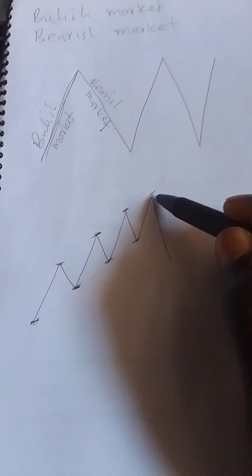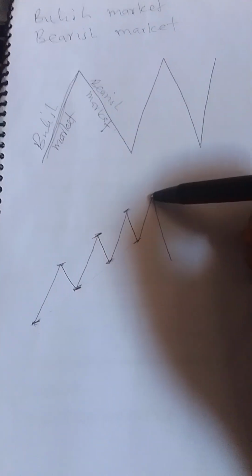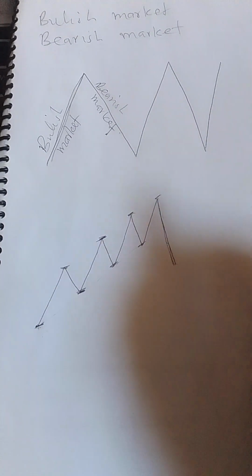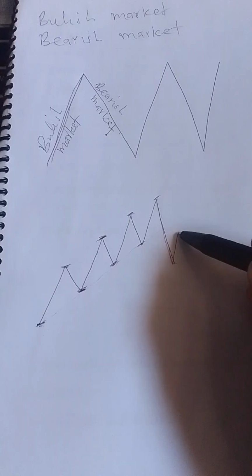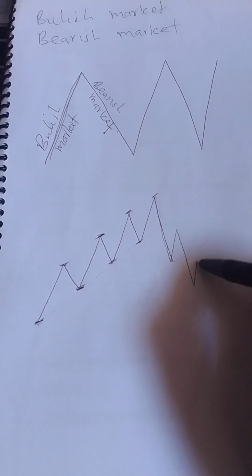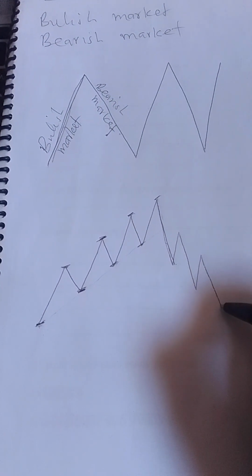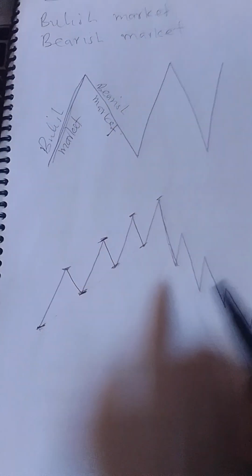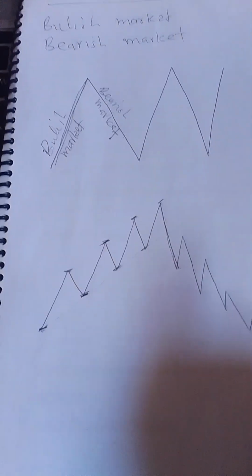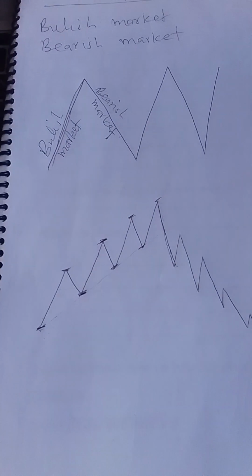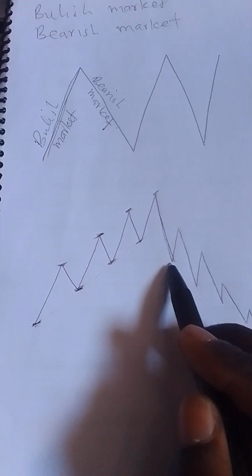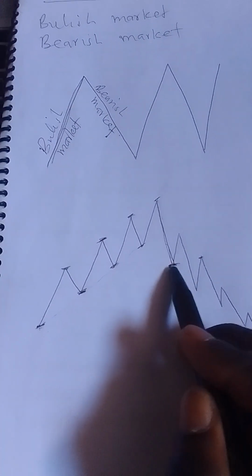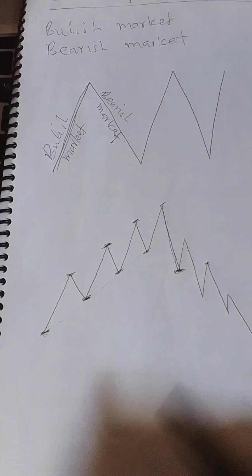So in this case, after passing that lower, the market will start moving downwards. It will move in that trend, coming down. And when studying this, make sure this one and this one are not in the same line.